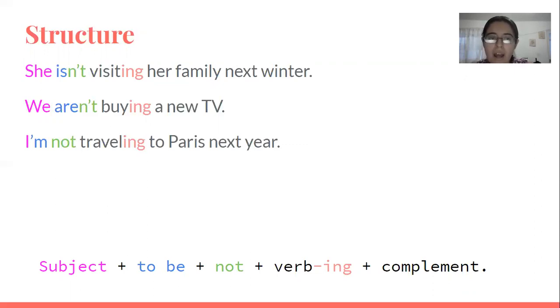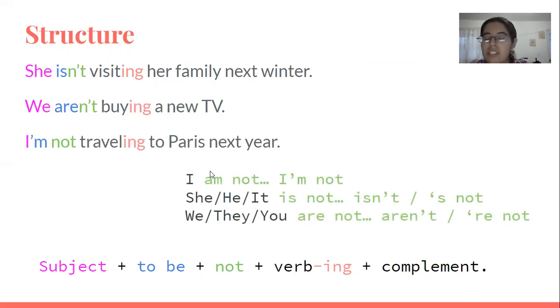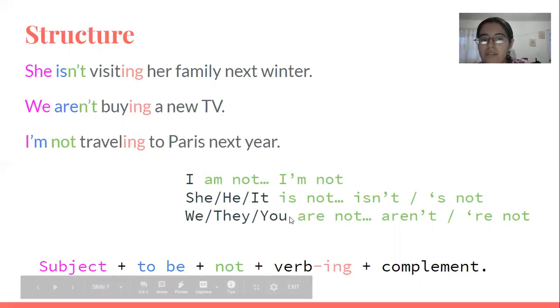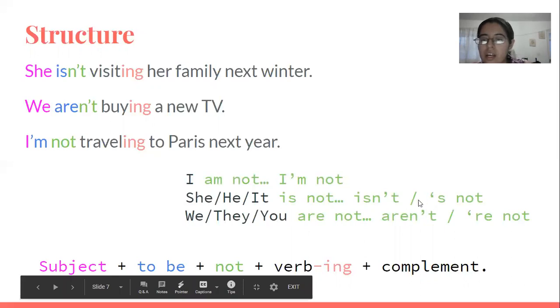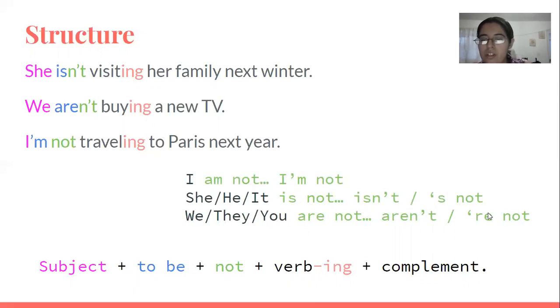And if we remember, each one of the verb to be has its own contraction. If it's negative, it has its own contraction. So I am not would be I'm not. Then she, he, it is not, or isn't, or we just put the apostrophe s after it: she's not, he's not, it's not.